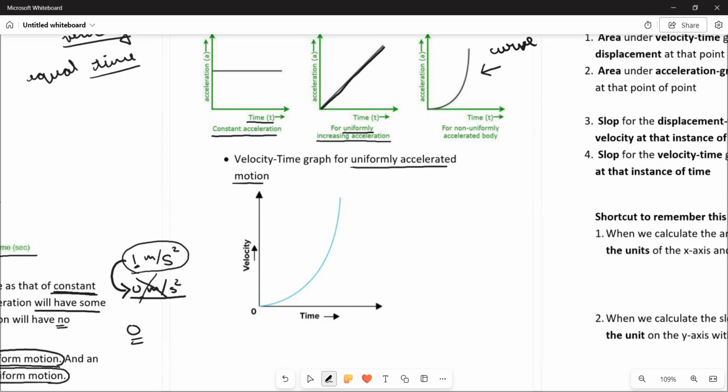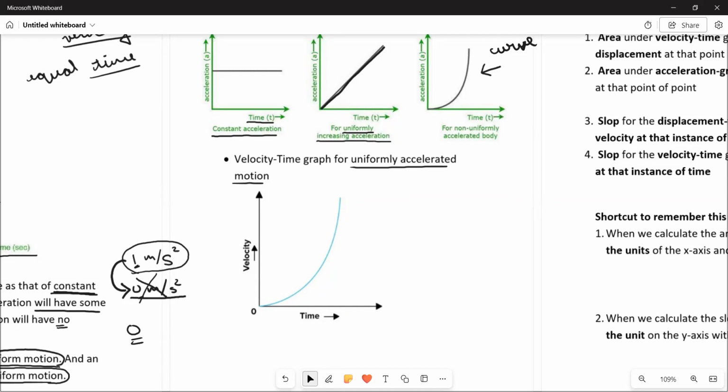Like, have you ever driven a car? If you have, when we keep giving acceleration, when we constantly keep increasing our acceleration, we see that the change in our velocity is increasing very fast with the time, right?